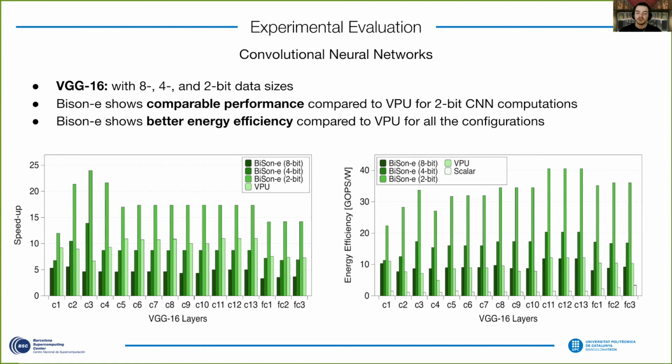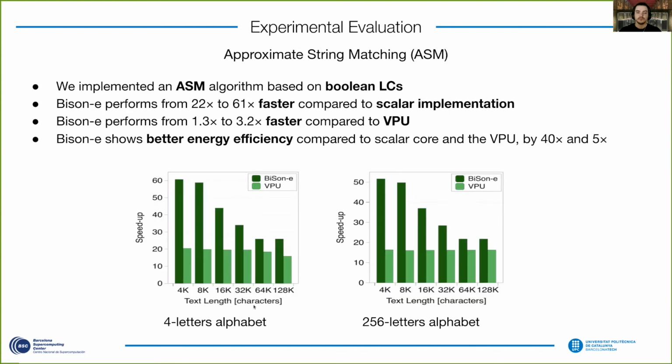And from the energy efficiency metric, BiSone at 4-bit outperforms the VPU by a factor of 1.8x, and at 2-bit by a factor of 3.6x. Regarding the approximate matching benchmark, we used an algorithm that requires to compute 1-bit Boolean linear convolution, and we consider a dataset composed by a 4-letter alphabet and another dataset composed by a 256-letter alphabet.